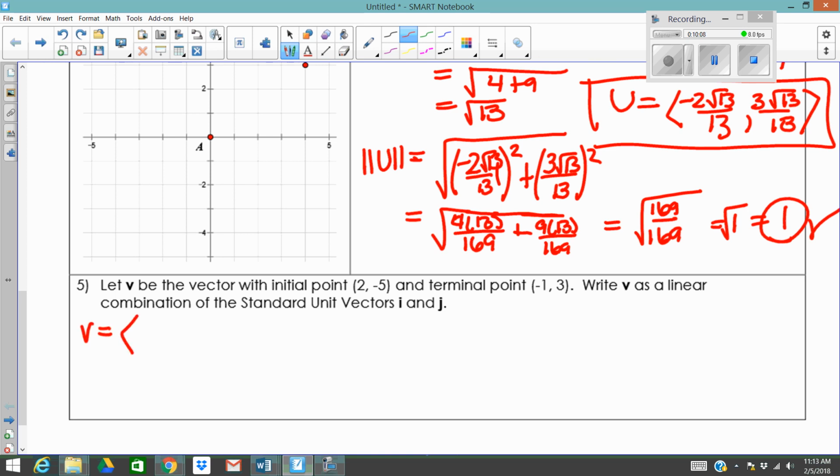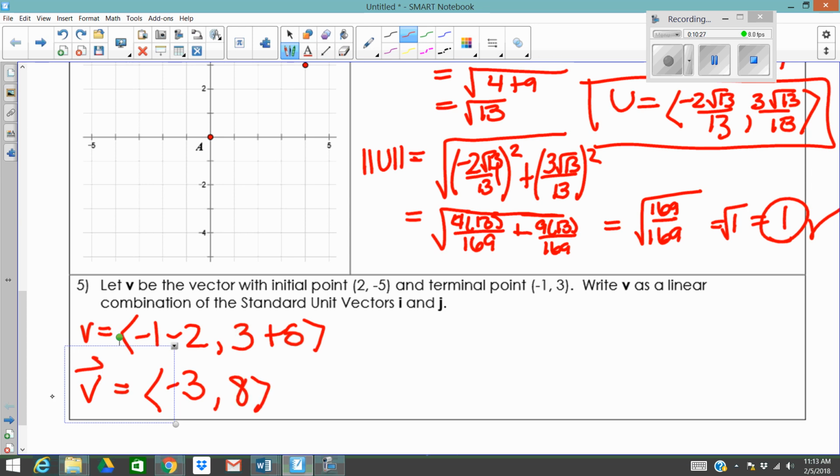So my terminal point is -1, 3. My initial point is 2, -5. So I'm going to have -1 minus 2 and 3 plus 5. So vector v has a horizontal component of -3 and a vertical component of 8. So that's the component form of vector v.